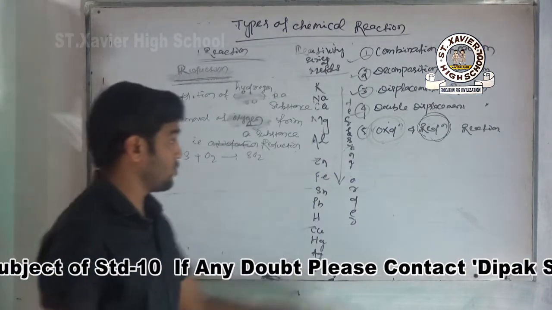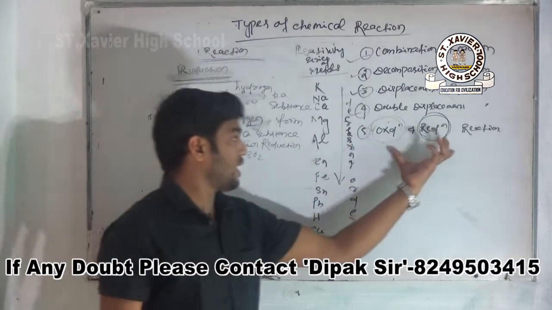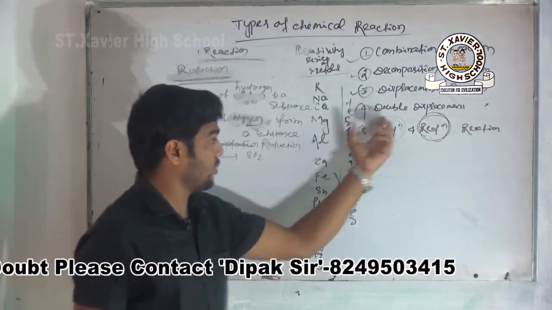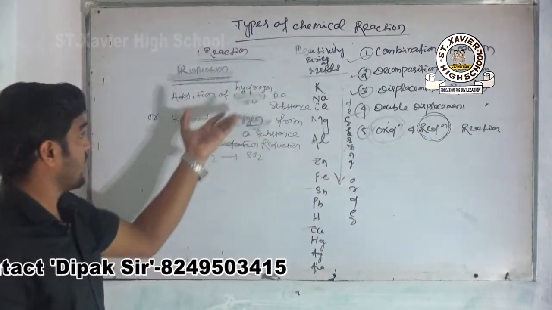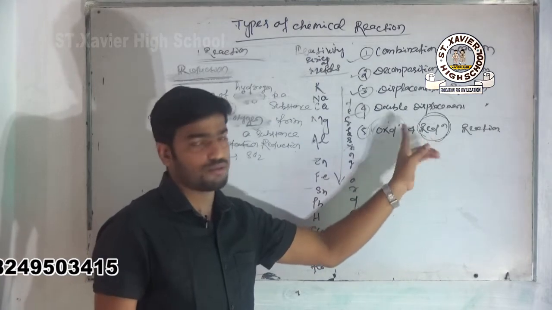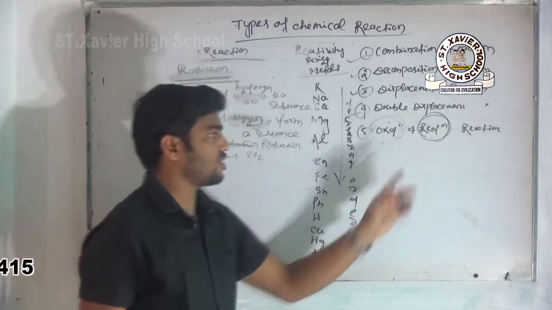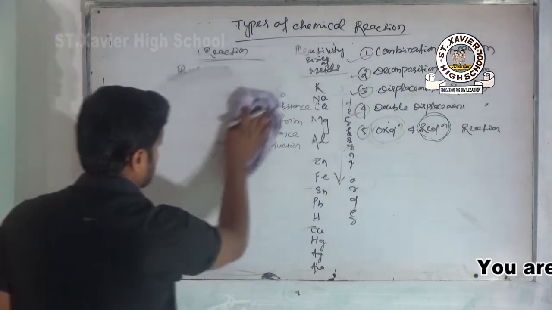But our aim is to know the exact definition of oxidation and reduction reaction. That's why I have already discussed what the word oxidation and the word reduction mean. Then comes the last type, type 5, that is oxidation and reduction reaction. What will be its definition?